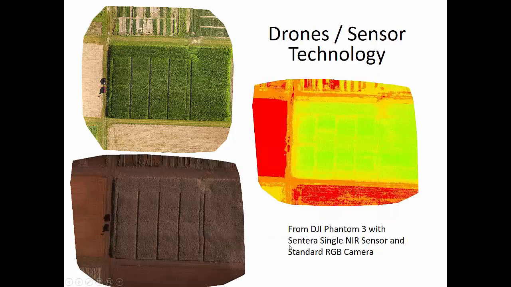So this is some initial imagery captured with the Sentera sensor on some nitrogen plots at our Bradford Research Farm east of Columbia, Missouri. If you see the 2 vehicles, that's an RGB image. This was captured with a Phantom 3 Professional and that single NIR sensor.